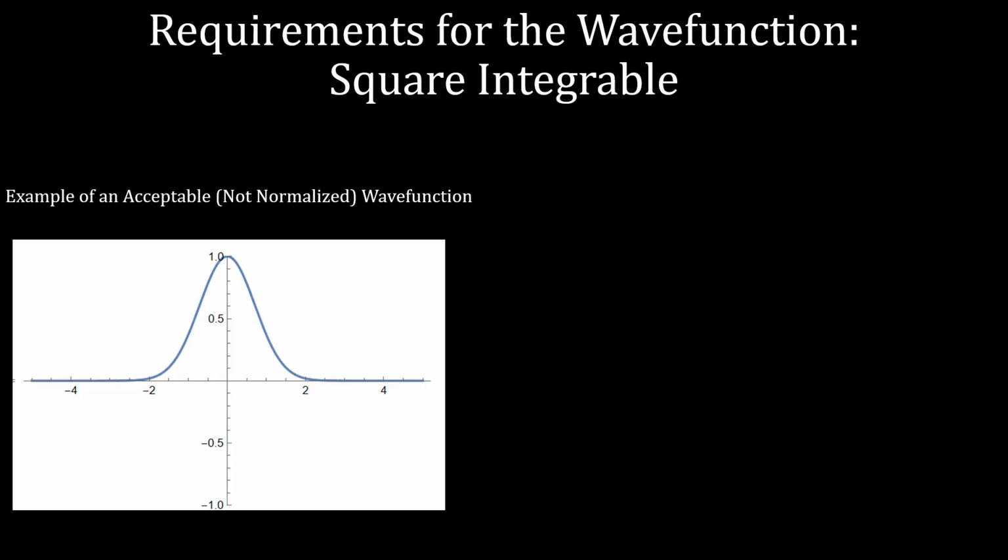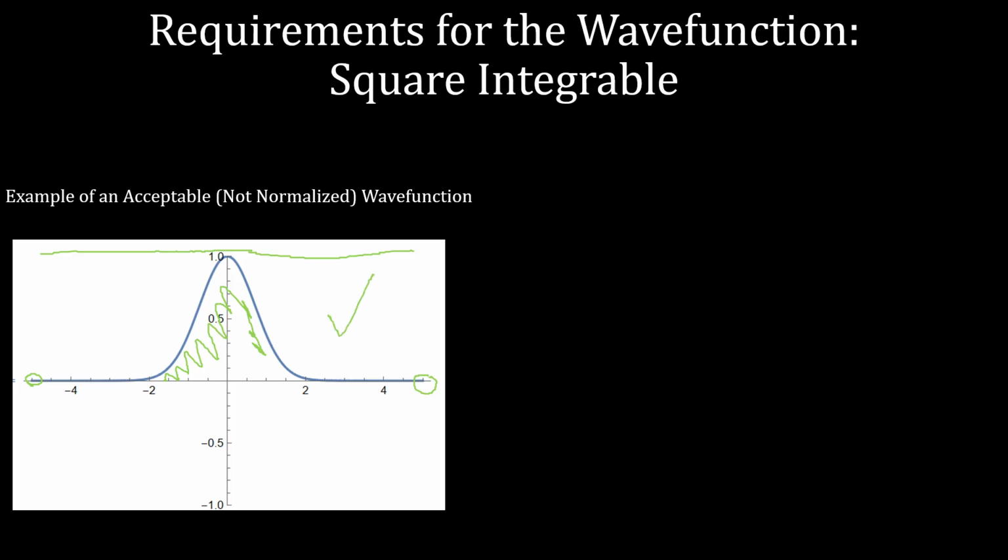So now, just continuing this, let's look at an example. If we look at this function here, it's not normalized, but it can be normalized because we see it goes to 0 as we go towards the bounds of motion. And it's bounded from above, because it never goes above 1. This means when we take the integral or find the area under, we're going to get a finite number, meaning it is square integrable, and we would be able to normalize the wave function.